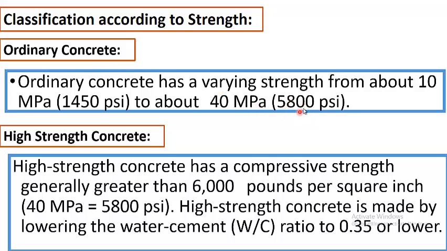The concrete having strength less than 5800 psi is called ordinary concrete, and the concrete with strength greater than 5800 psi is called high strength concrete. High strength concrete is made by lowering the water cement ratio to 0.35 or lower.